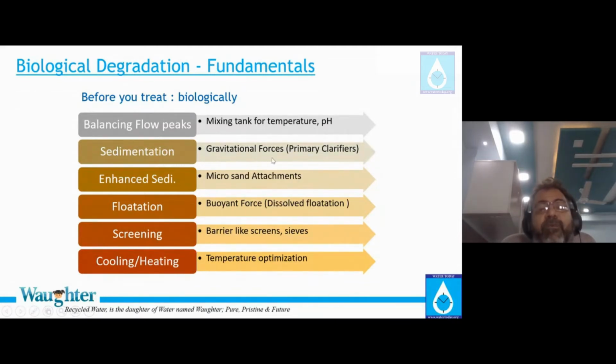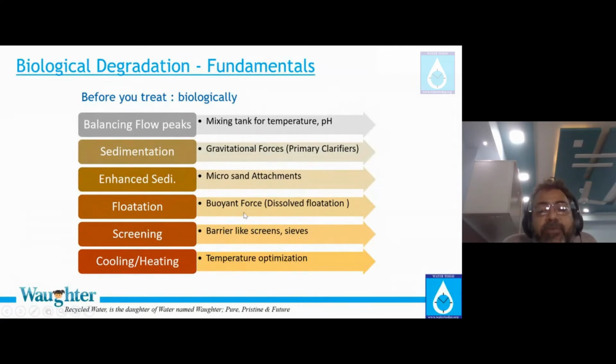Please remove whatever you can remove in the primary clarifier. The rule is simple. Whatever you can remove in the primary clarifier, please remove it. Don't send it to my aeration equipment. Enhanced sedimentation, which is called microsand attachment, means there are now beautiful roughing technologies available. They are very fast, very speedy, where the injection of microsand can help better coagulation and flocculation.